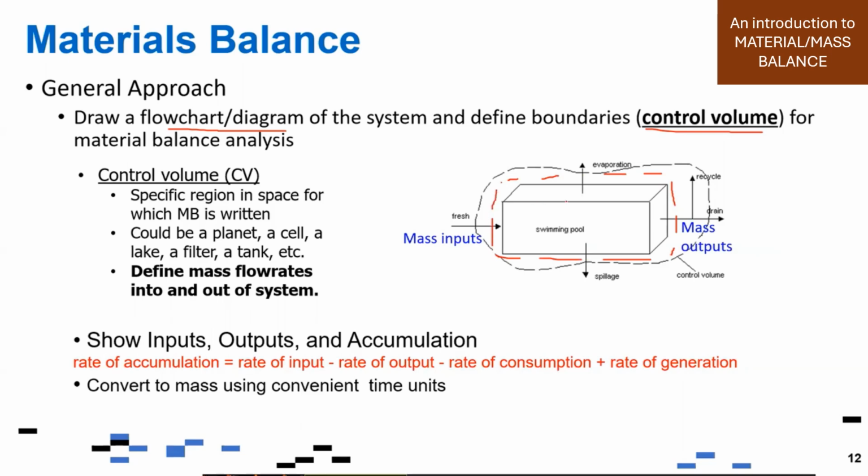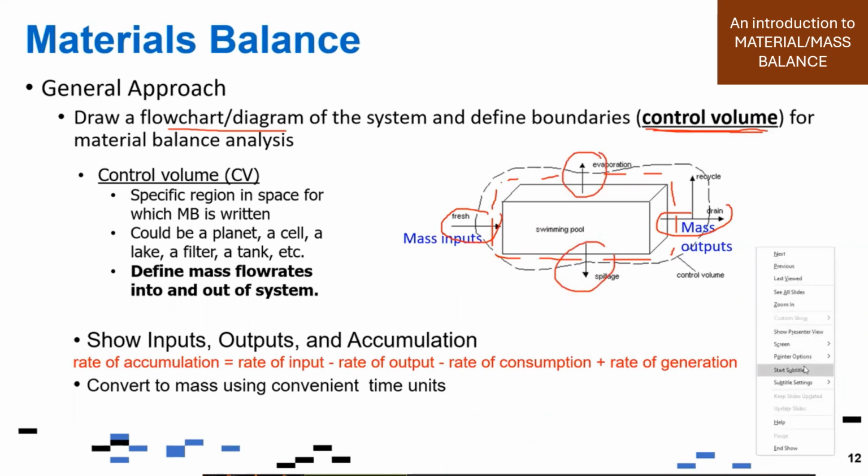Then based on that control volume, we can identify what the mass inputs and mass outputs are. For example, in this case, there's a mass input here, a mass output here, another mass output here, and also a mass output here. All right, so you can make that your mass balance equation.